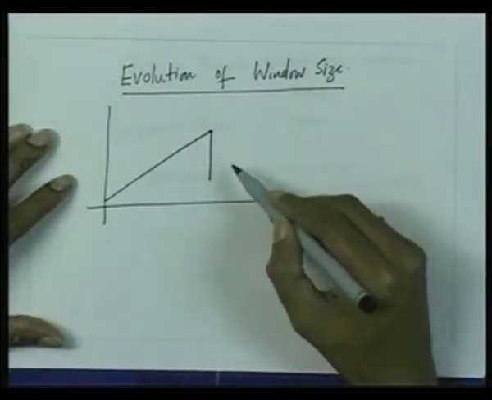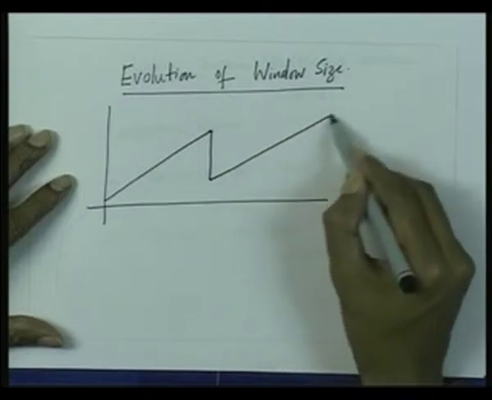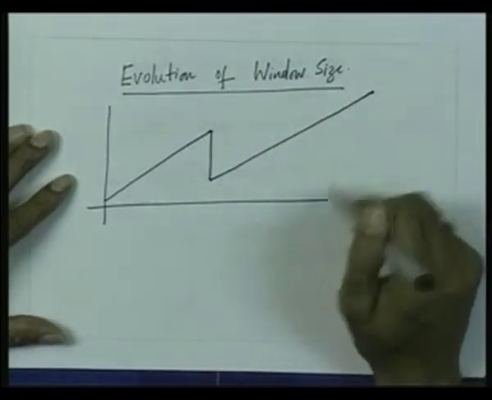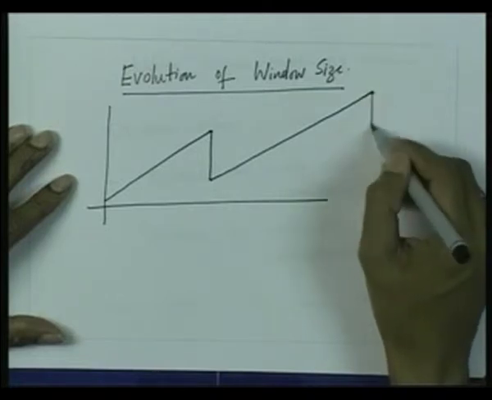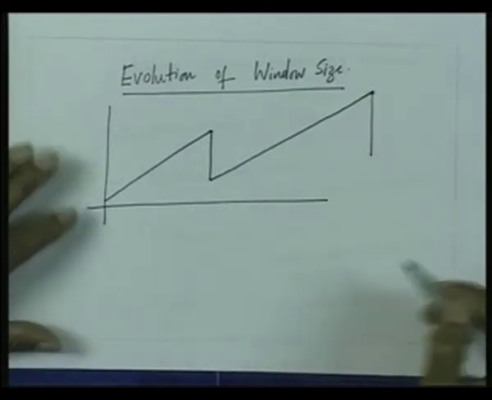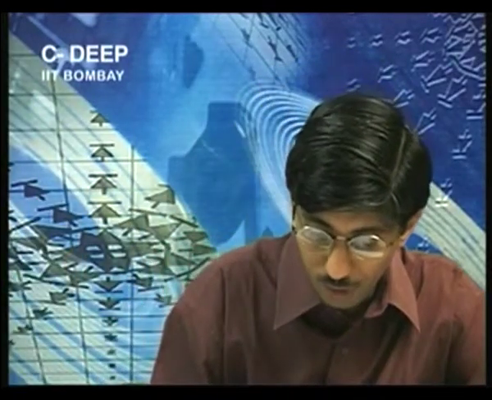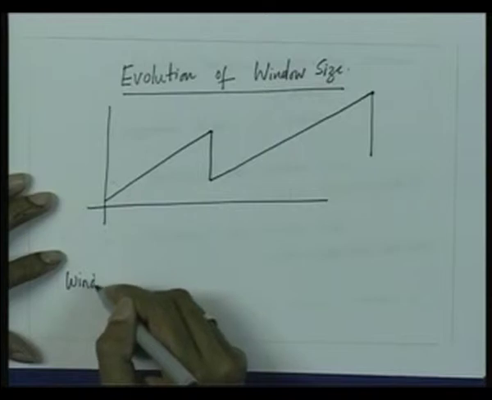Similarly again it increases the congestion window, and this time it might reach up to here, and whenever it detects congestion, it drops the window size to half, and so on. So essentially the evolution of the window size follows a sawtooth pattern.